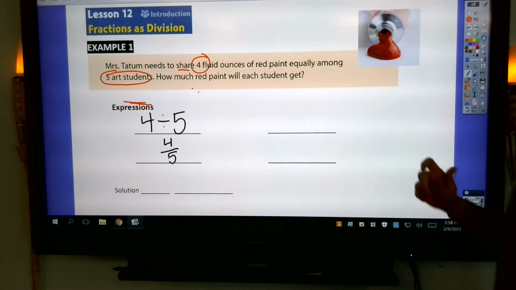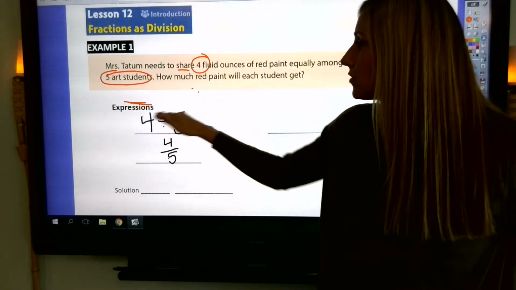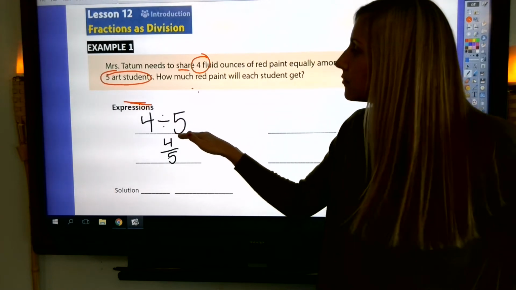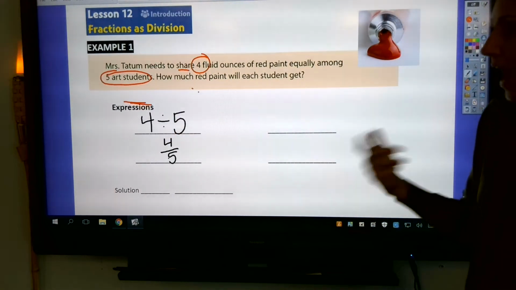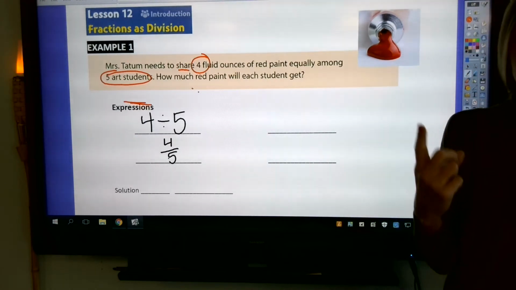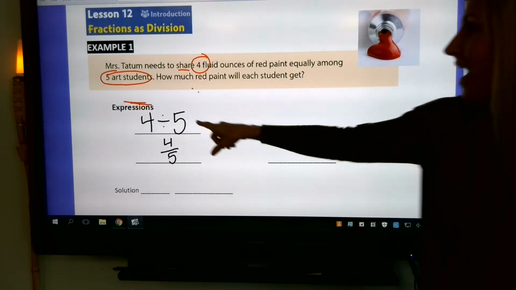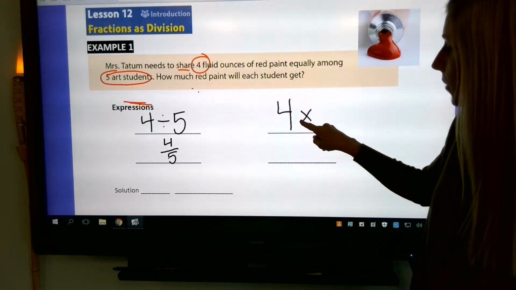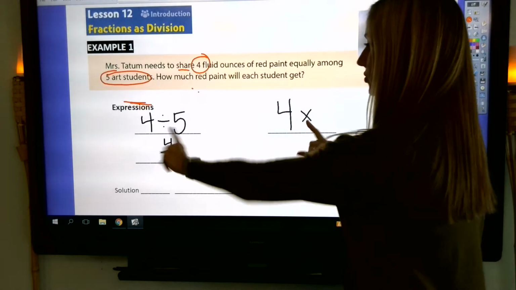The other one is thinking about the inverse of the division of 5, right? So the opposite of 5 would be 1/5. So we can take every division problem and think of it as a multiplication problem. See the inverse operation?